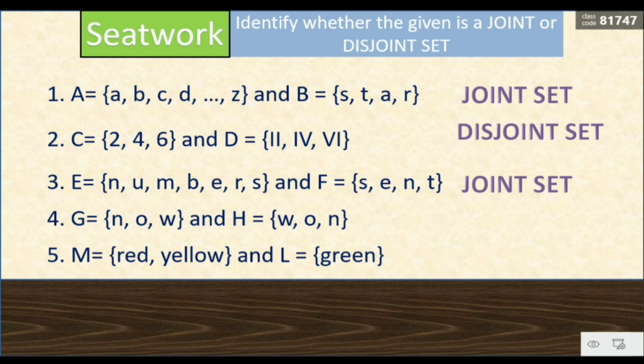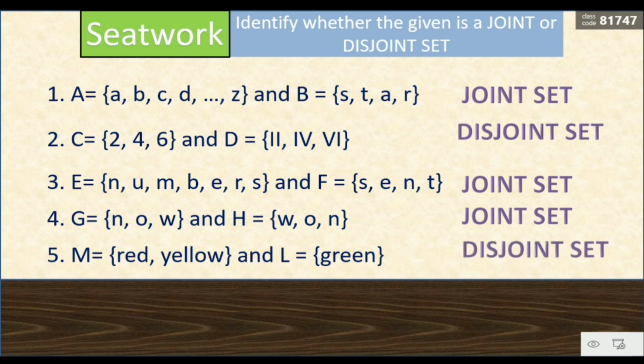For number 4, we have set G contains the elements N, O, W, and set H contains the elements W, O, N. The answer in number 4 is joint set. And for number 5, we have set M, which contains the elements red and yellow, and set L contains the element green. So in number 5, the answer is disjoint set.